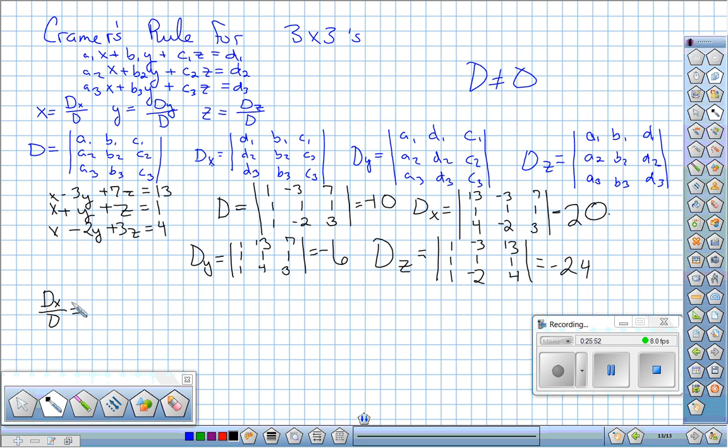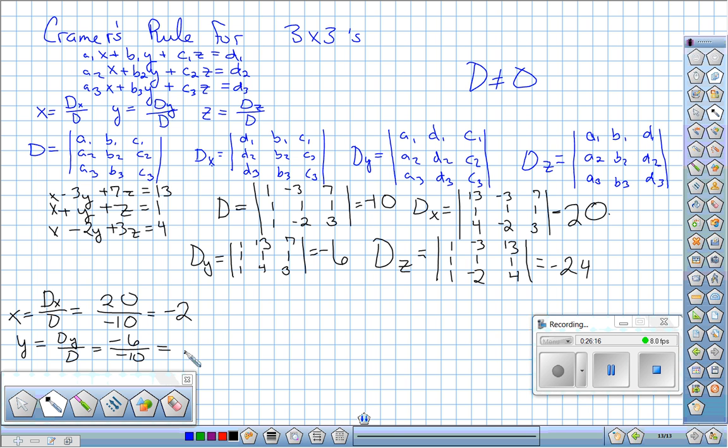And then I'm going to do Dx over D. Dx was 20 over D, which was -10. That gives me -2, so that means that x equals 2. And then I have y equals Dy over D. Dy is -6 over -10.